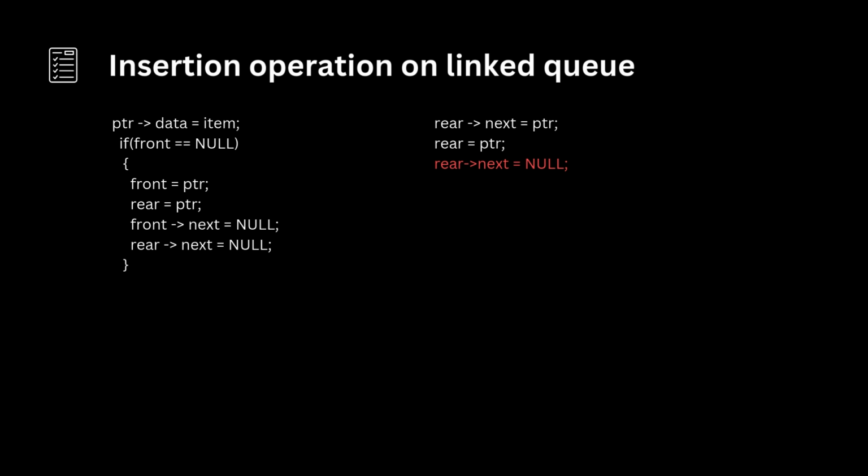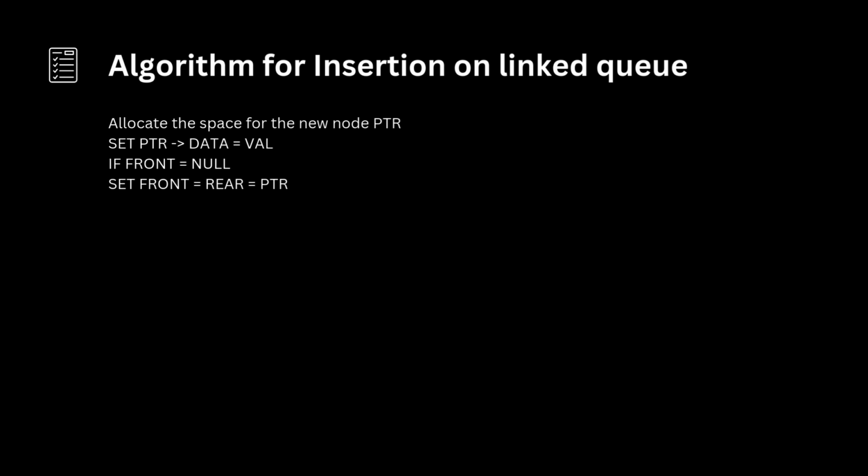Now we will write an algorithm for the insertion operation on a linked queue. This allocates memory for a new node and assigns it to a pointer. This sets the data part of the new node to the value. This checks if the list is empty. If the list is empty, front and rear are set to point to the new node pointer.